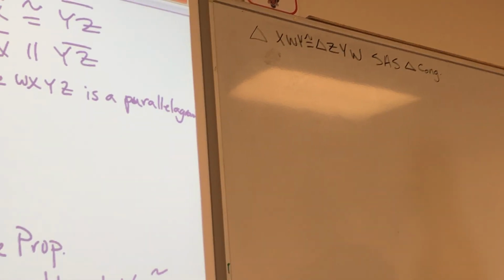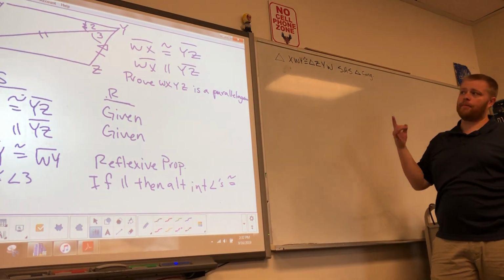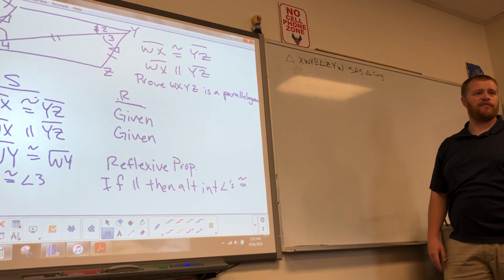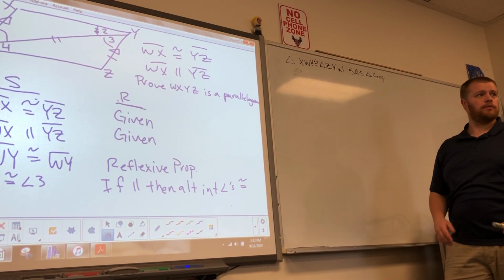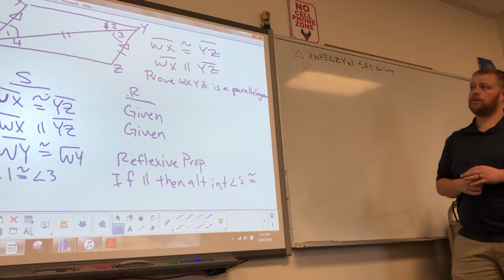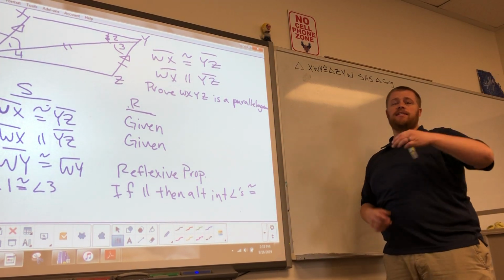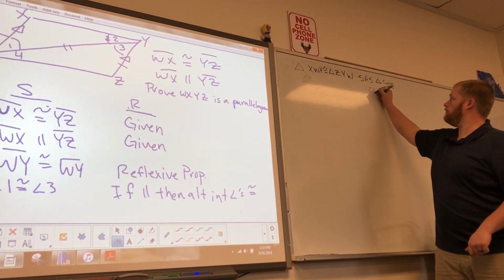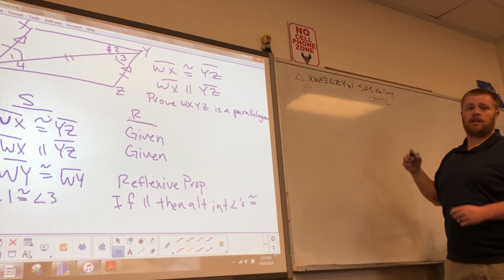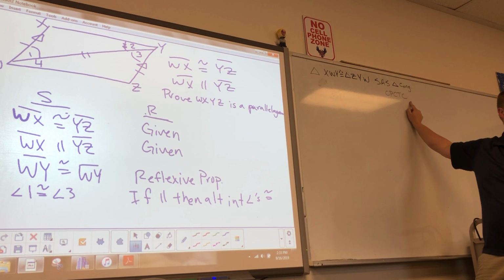From there, now that I've said that the triangles are congruent, what other part do I know is congruent of my other triangle? Don't you have to do like the SLABS? I'm going to use CPCTC for my next step, because corresponding parts of congruent triangles are congruent.